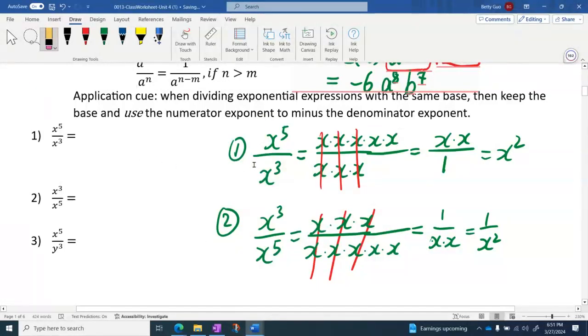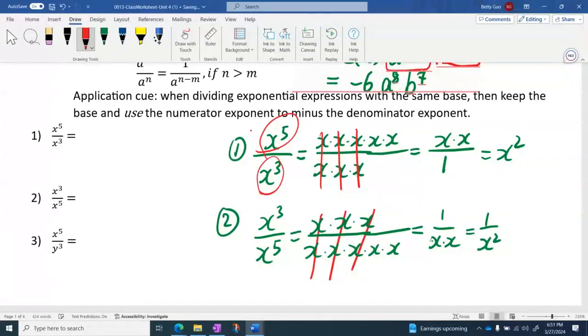What structure? They are both division of two exponential expressions with the same base, or quotient. Quotient is the result of division. The numerator is an exponential expression with base x. The denominator is an exponential expression with base x. Same with the other one. Those two expressions have the same pattern.